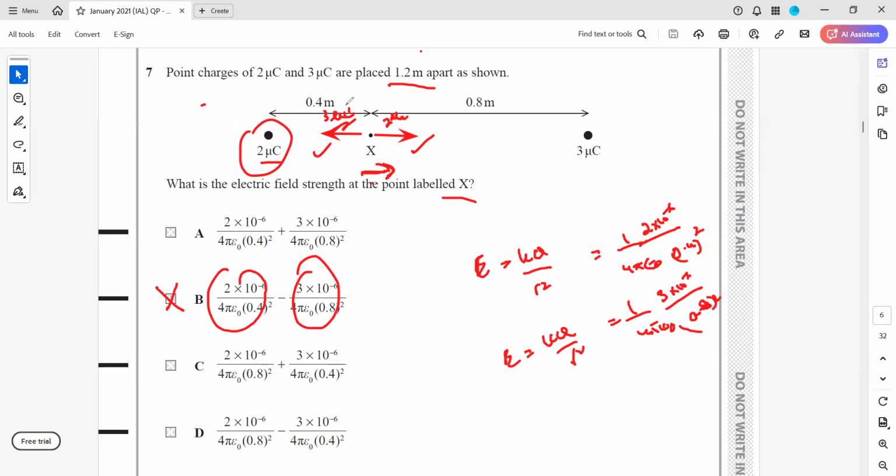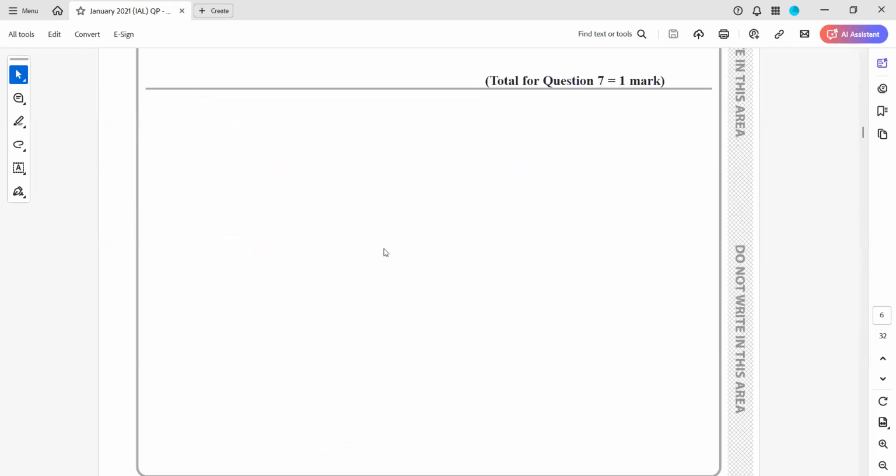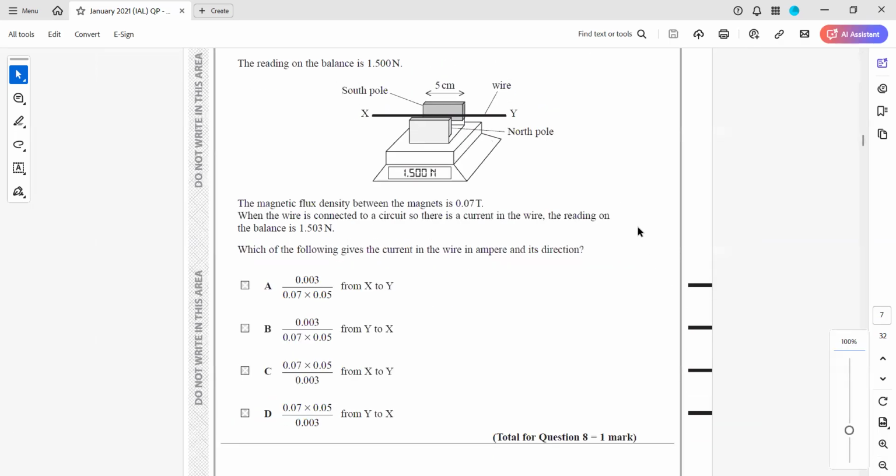Question 7. Next is magnetic flux and a current.